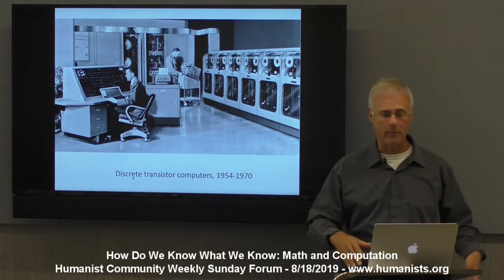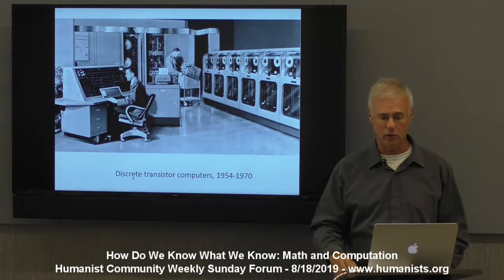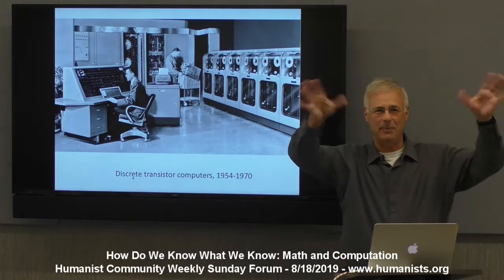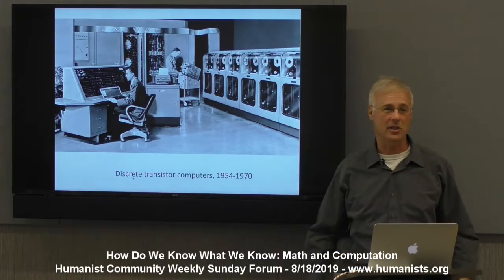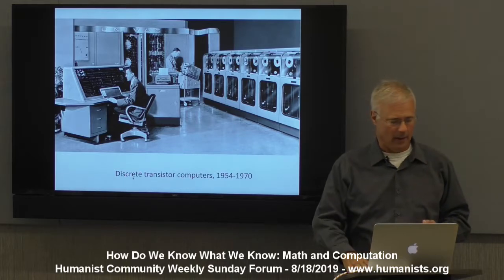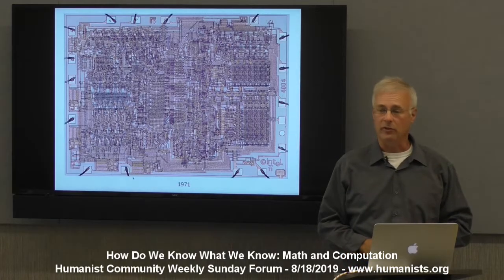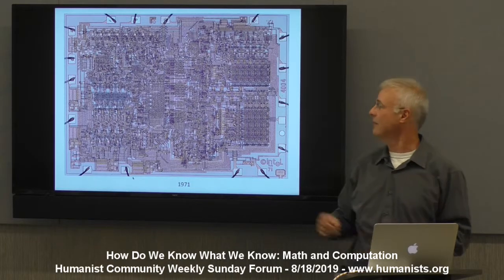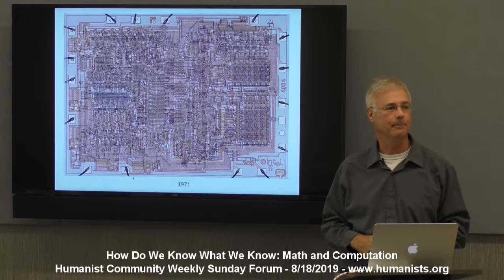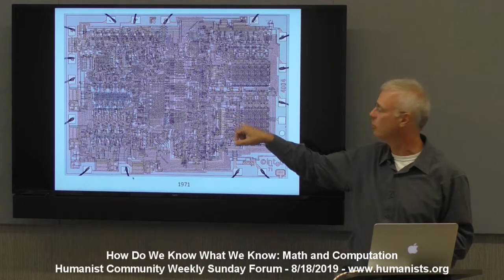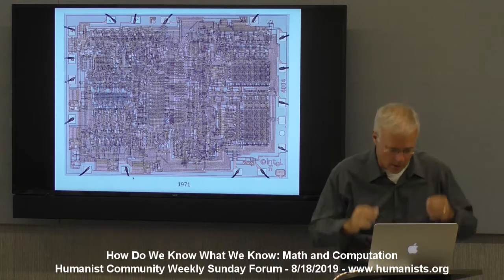So we went from vacuum tubes to discrete transistors from 1954 to about 1970. This is when computers filled rooms and had spinning magnetic tapes, which is actually very much in the spirit of the original Turing machine. Then to microprocessors. The first microprocessor was introduced in 1971 by Intel. This is an actual picture of it, and it's interesting because in this picture you can still make out individual transistors.